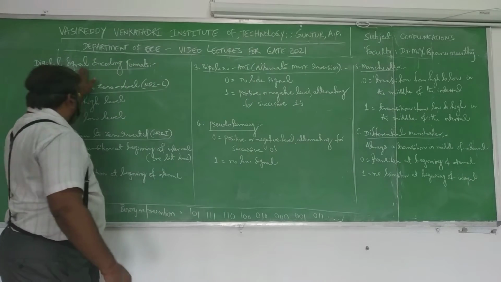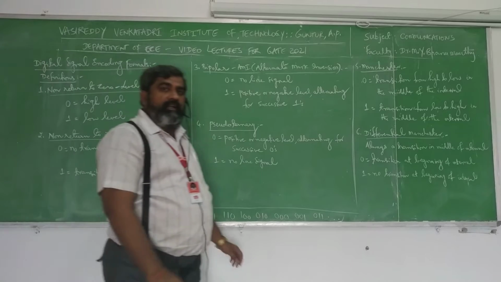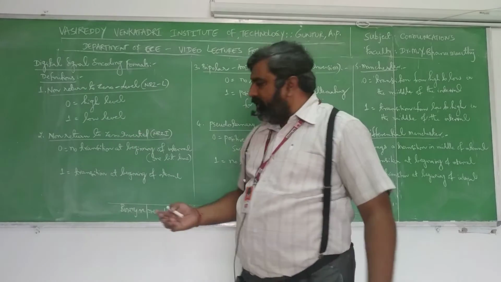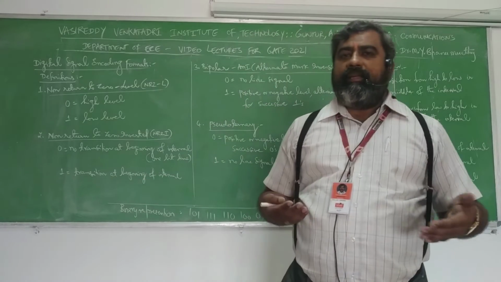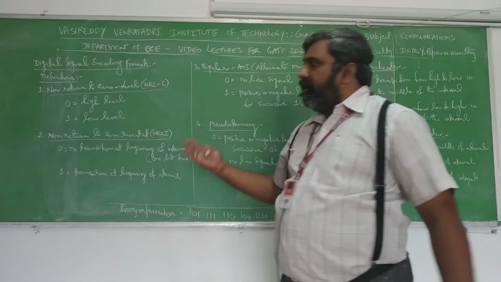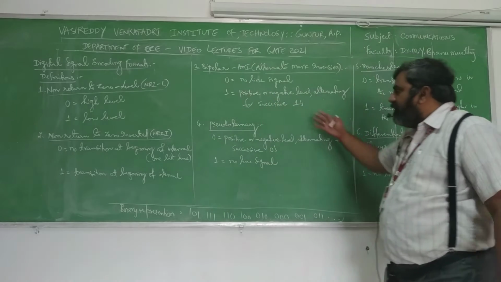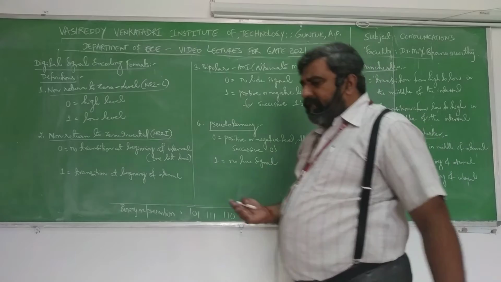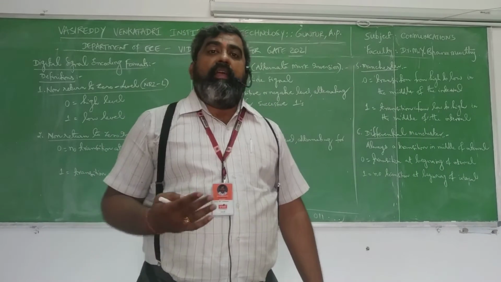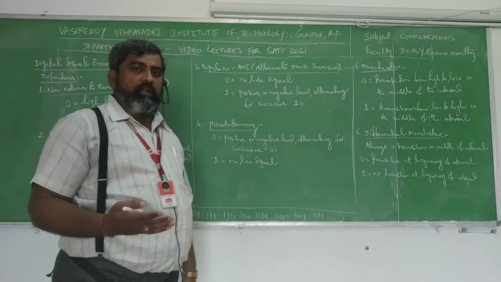So, digital signal encoding formats. How do you represent this data in the form of a digital signal? We have 6 different encoding formats, defined by IEEE, and followed throughout the world.